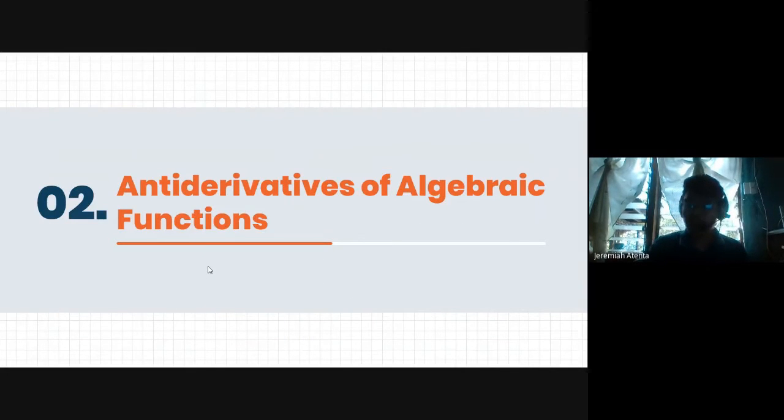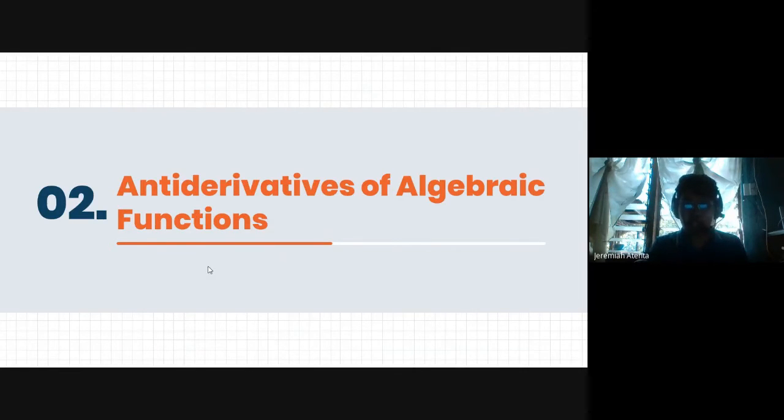So the second part will be the antiderivatives of algebraic functions. Here we will learn the theorems that will help us solve the antiderivatives of algebraic functions.